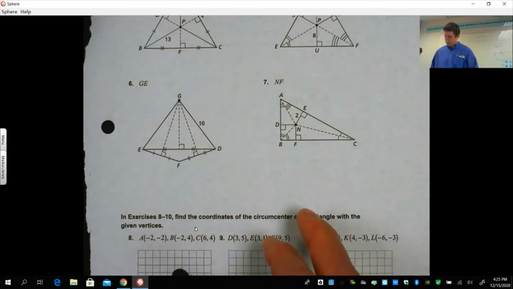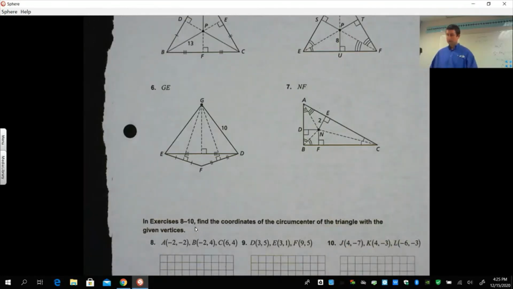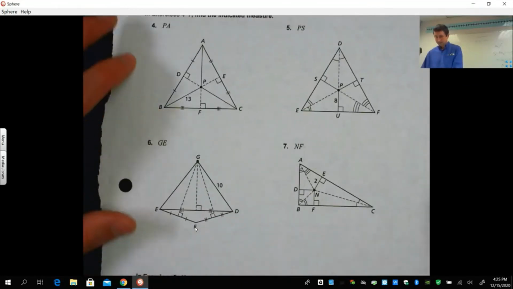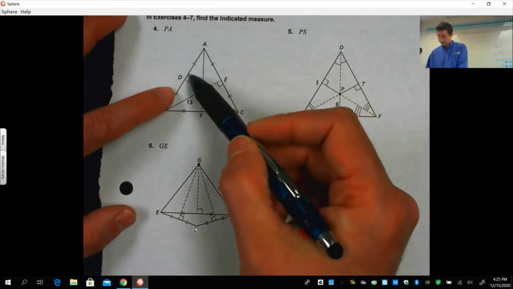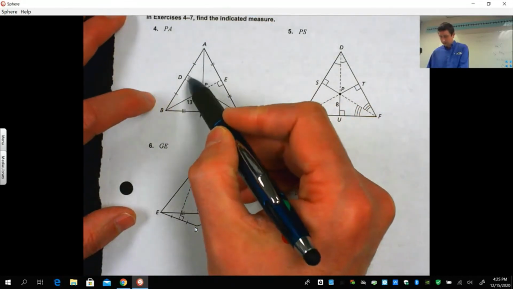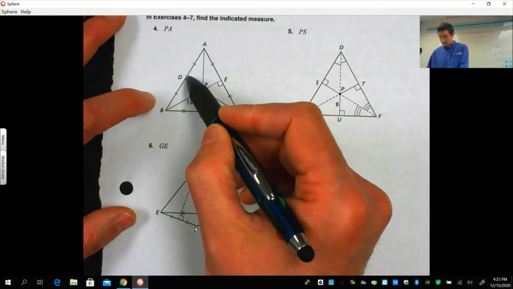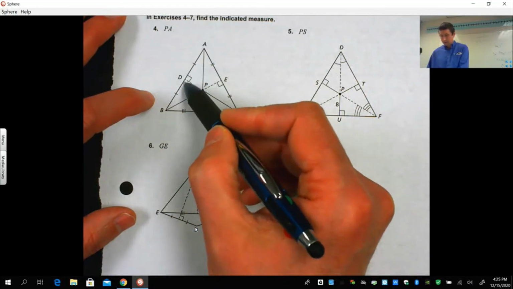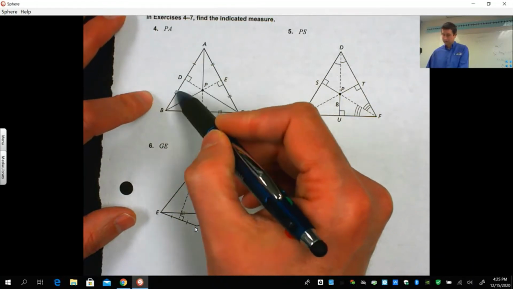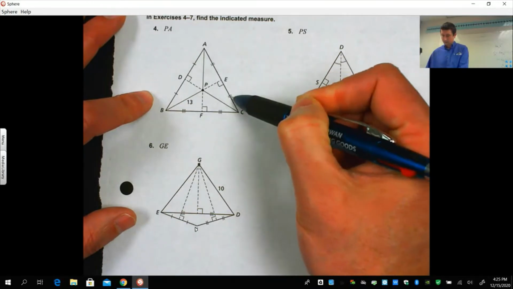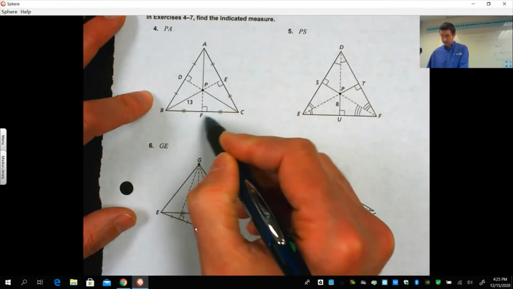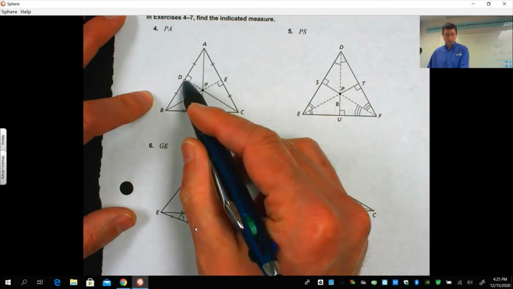So when we see questions like page 173, before we go talk about the next one, it says find the indicated measure. Okay, so you see this sort of setup here. You have a 90-degree angle, and you know it's a midpoint because you have two congruent sides. 90-degree angle, F is a midpoint, E is a midpoint, D is a midpoint.